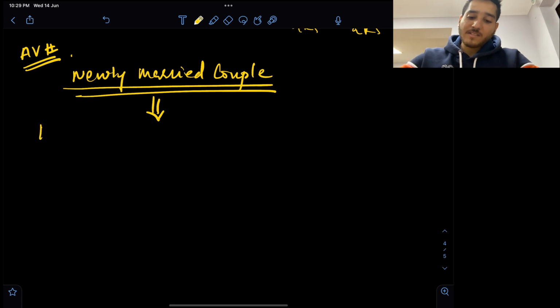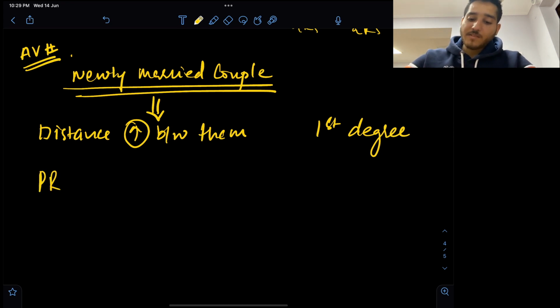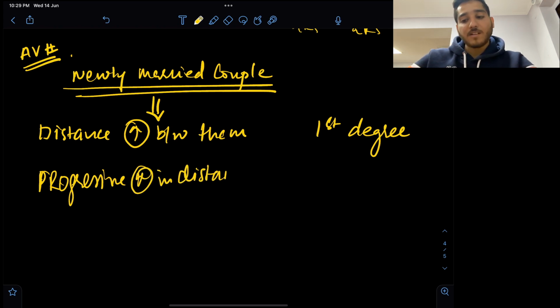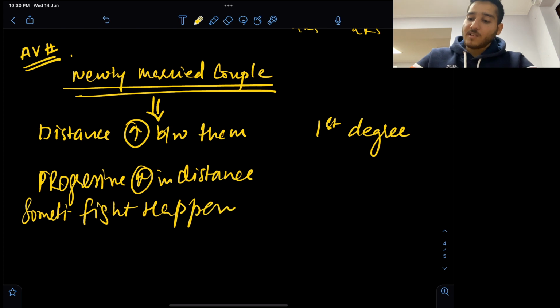There's increased distance between them. So this is first degree block. Then there's progressive increase in distance between them, and sometimes a fight happens. This is Mobitz type 1.